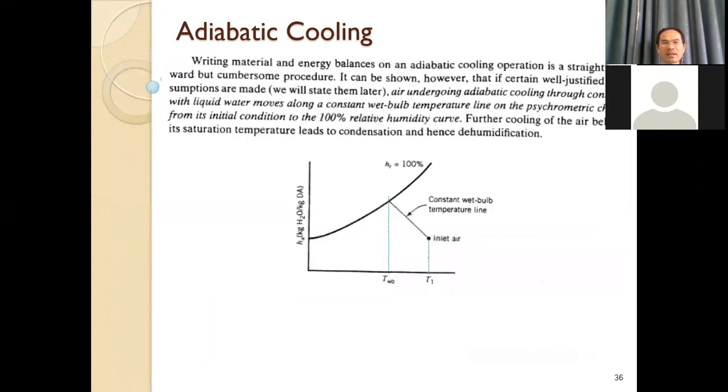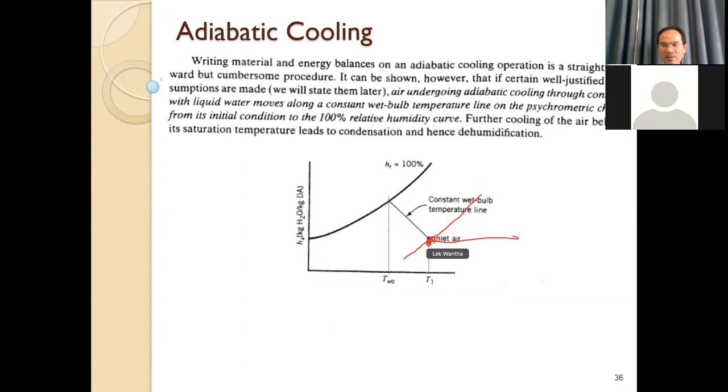For adiabatic cooling, the operation is based on the constant wet-bulb temperature profile. If you know the inlet condition, you have to follow the line of constant wet bulb. If you know the humidity, or the absolute humidity, you get this point.